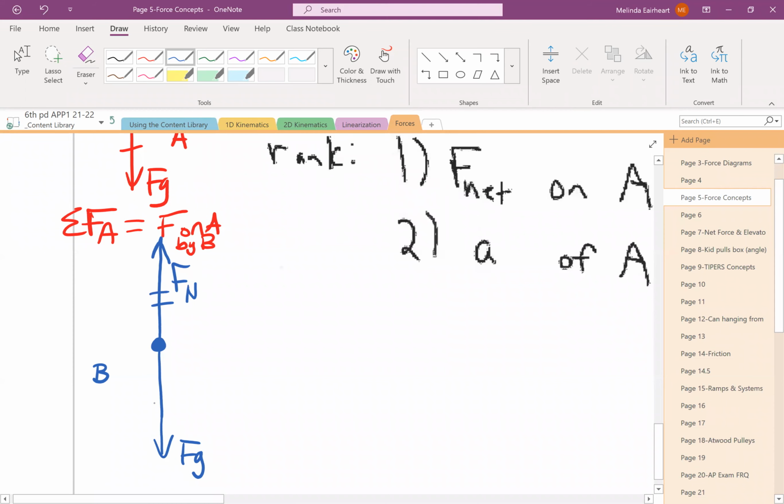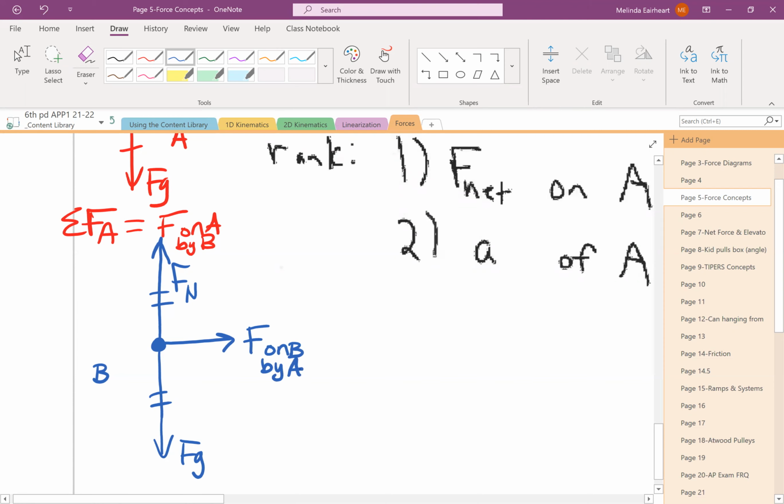Those are equal and opposite. I'm just giving 2 tick marks because I want to make sure it's different than the others. It's frictionless, so the only other force acting on B is A pushing on B. What direction is that going to go? To the right. So this is the force on B by A. Again, it's an applied force.